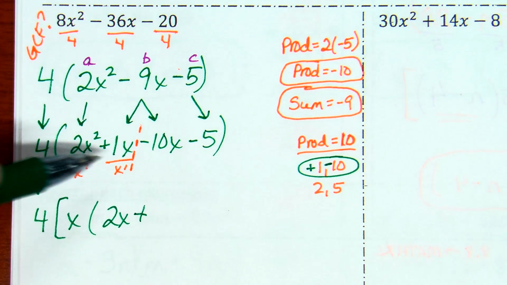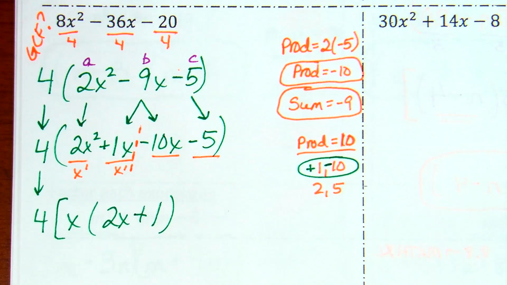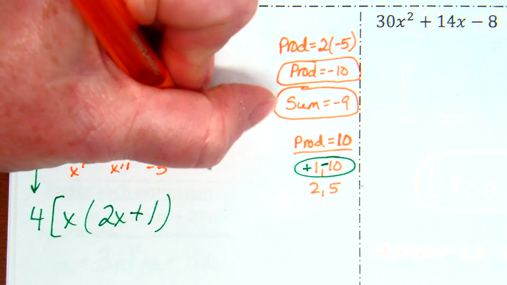GCF of the second half. What's negative 10x minus 5? Both divided by negative 5, because this first one is negative. So when I write it down in this next line, after these parentheses, I'm going to write negative 5.